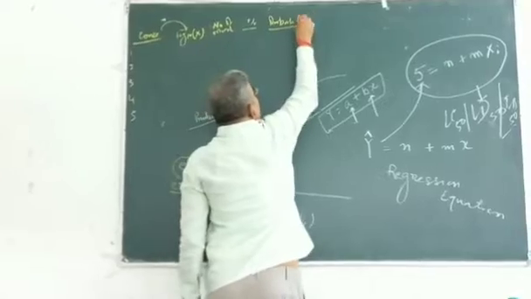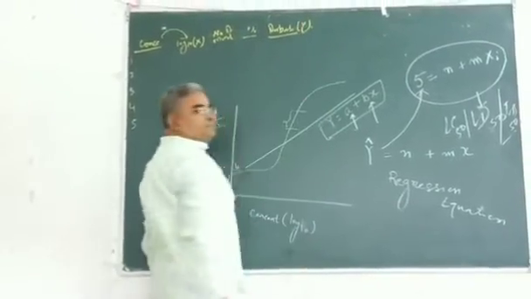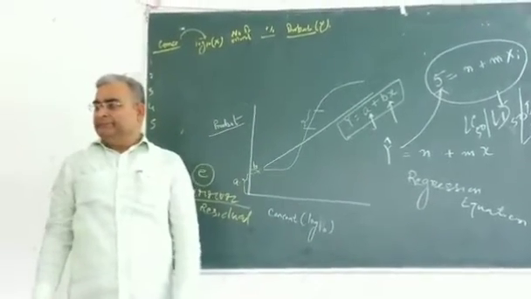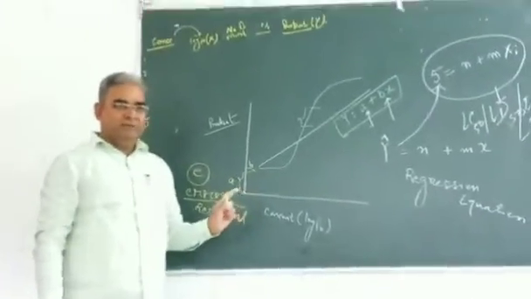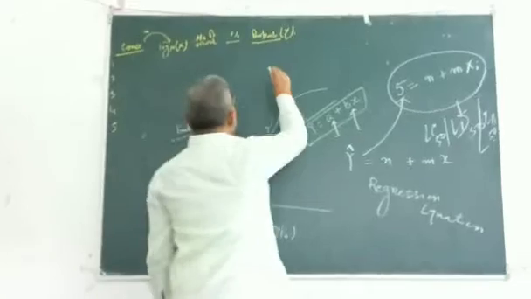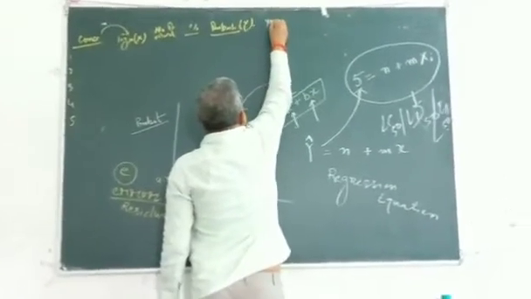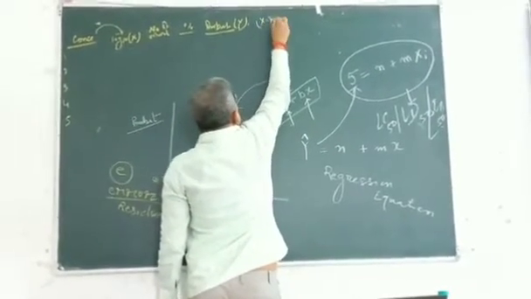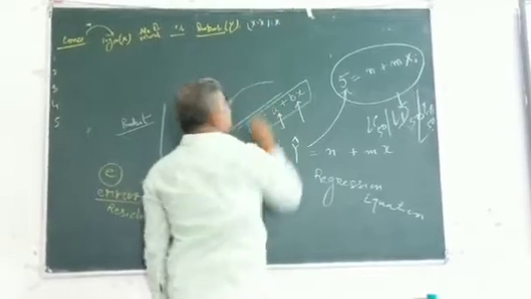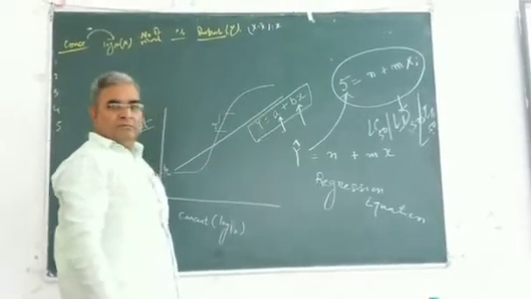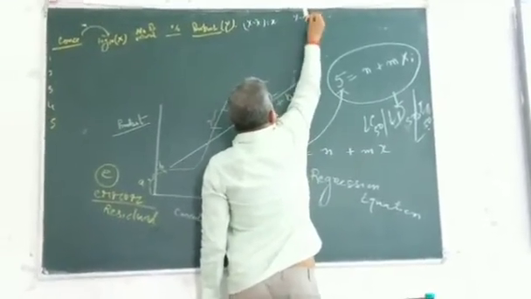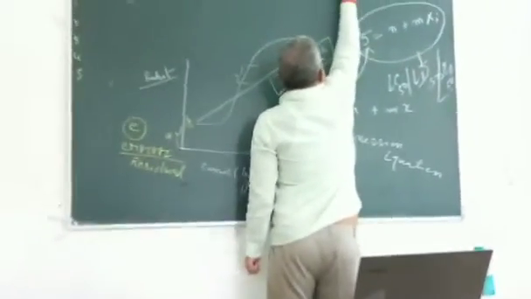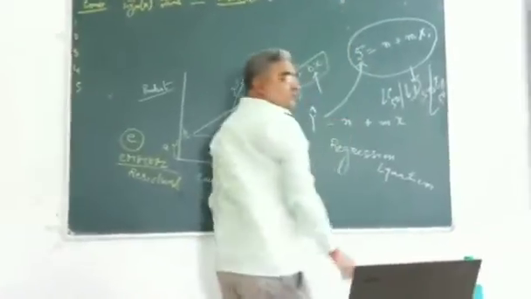This probability value is the y, not probability. Probability value is the y. Then x minus x bar, that is a small x. Clear? Y minus y bar, that is a small y.